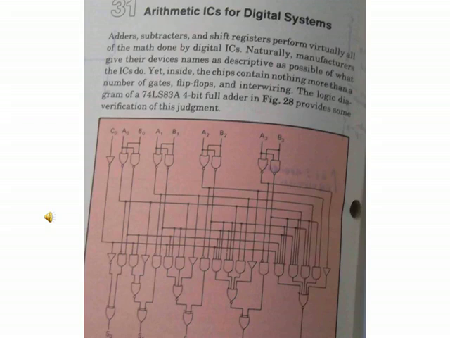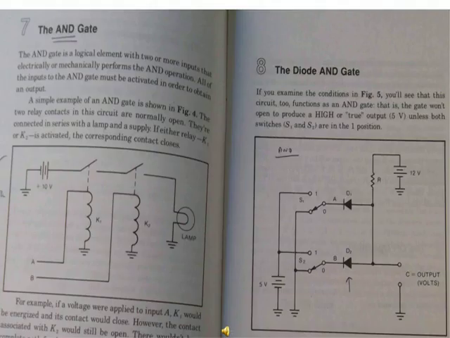Next one will be the AND gate and the diode AND gate. AND means two digital inputs must be present to produce the output. So this is the combined multiplication function of the AND. In the diagram you see that there are two coils, K1 and K2. When K1 is closed and K2 is closed, the output lamp will be bright.